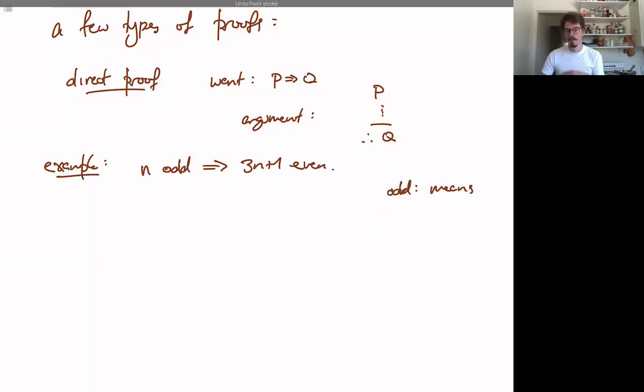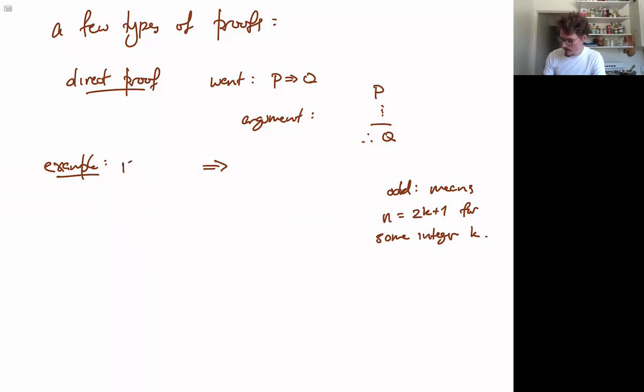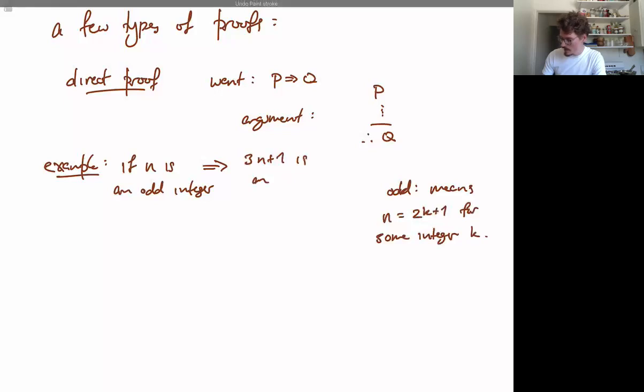Let me not write the symbols, but you can see that there's a quantifier going on there. Odd means n is 2k plus 1 for some integer k. And actually, I think I should write this a little more clearly. So if n is an odd integer, then 3n plus 1 is an even integer.